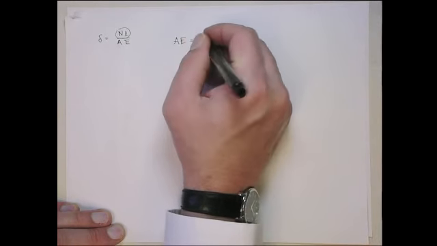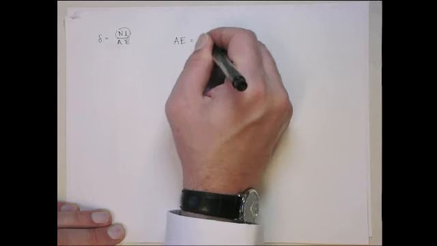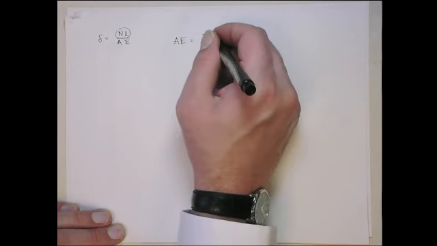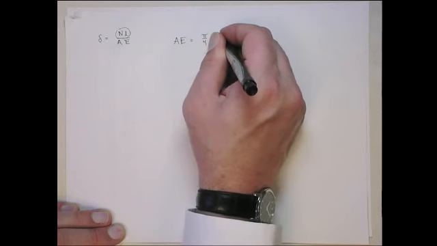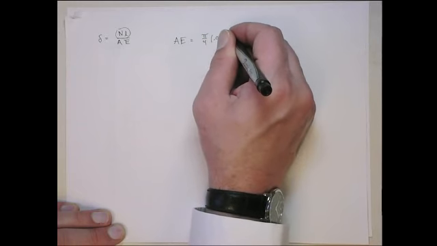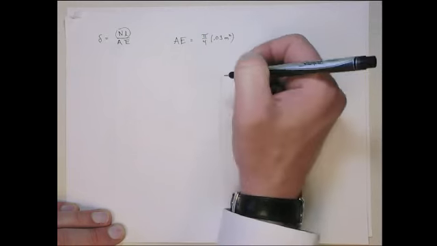AE is equal to pi over 4 times the diameter squared. The diameter of each element is 30 millimeters, so that's 0.03 meters squared.